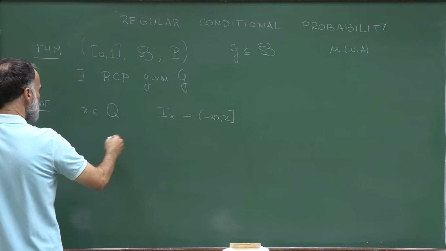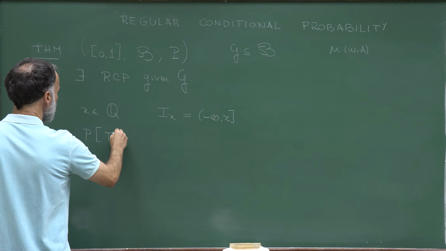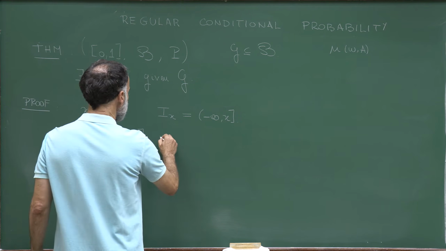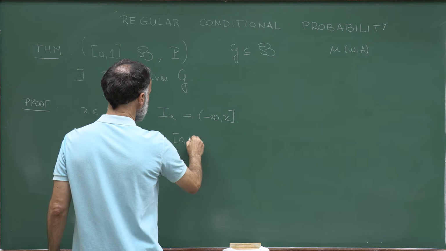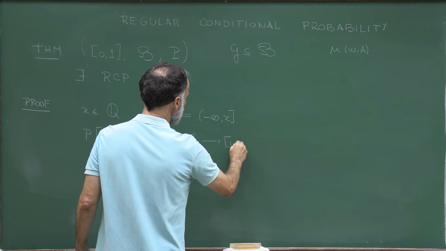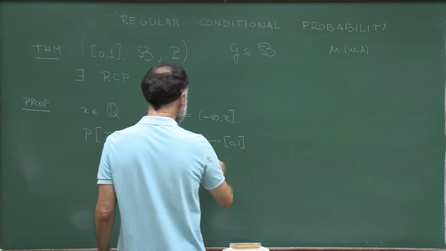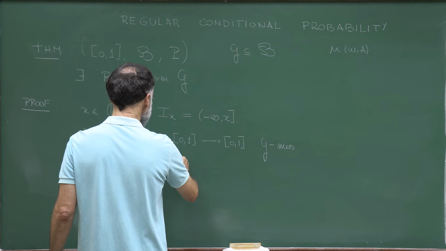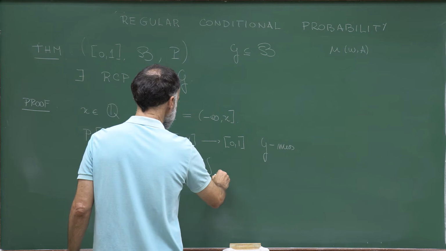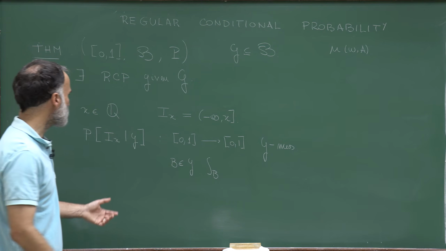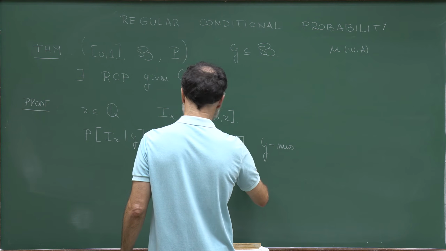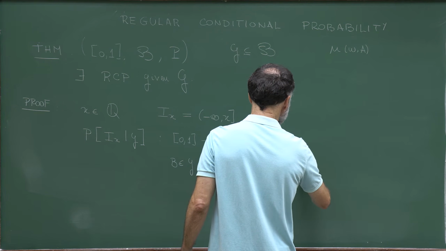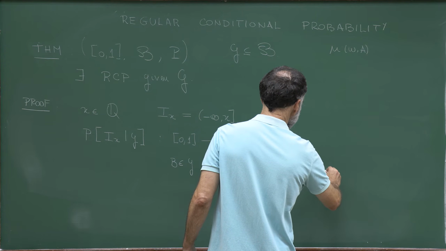Now, let's consider the conditional probability of Ix given G. This is a function from omega, which is [0, 1], to R plus, or [0, 1], which is G measurable, and such that if I take any set B in G, the integral over the set B of this conditional probability is equal to the probability of B intersection Ix.